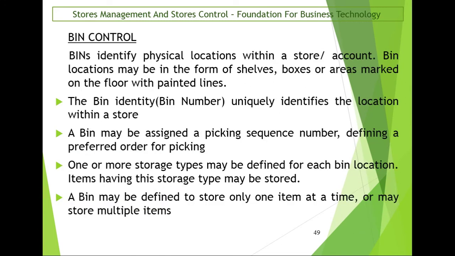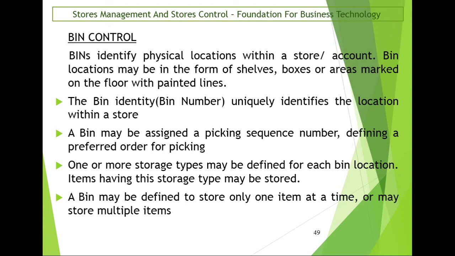So far, we've looked at the physical store locations. Let us now look at the organization of an individual store. When we talk of bin control, we are talking of creating partitions within a particular store or a warehouse.